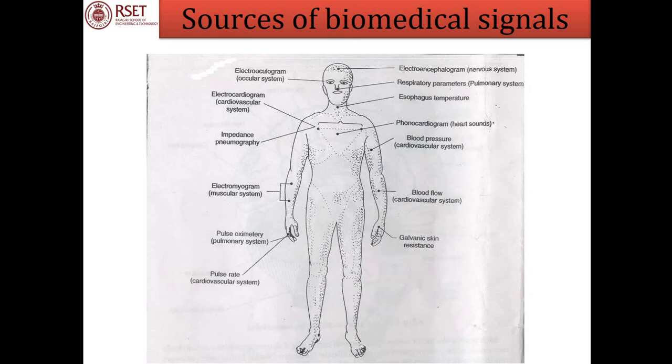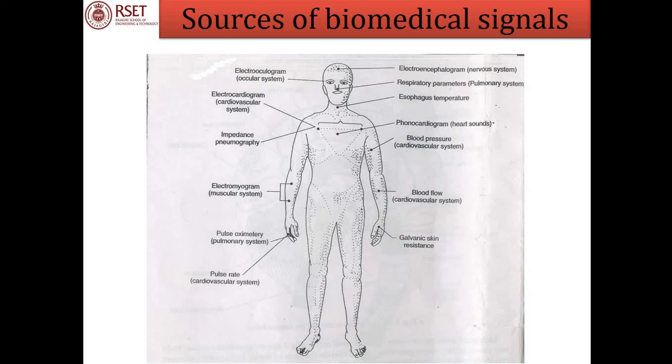So let us now look into the various sources of the biomedical signals. We have many sources of information from the human body. To name a few, we have the electroencephalogram, which gives information regarding the activity of the brain, which we in short call EEG.